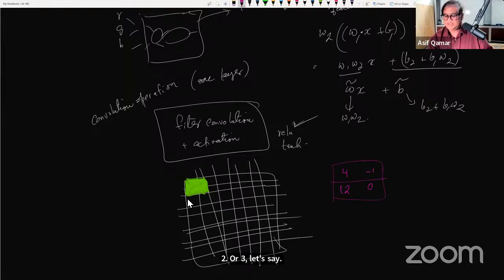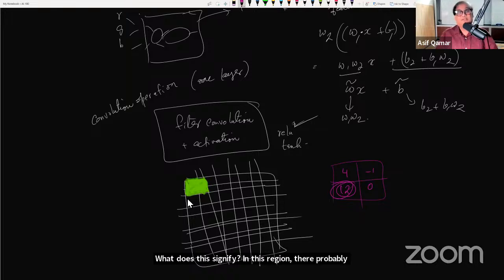And I am trying to determine if there is some white marking here. What does this signify? In this region, there probably is white marking, isn't it? Right? Are we together, guys? There's a very pronounced signal here.